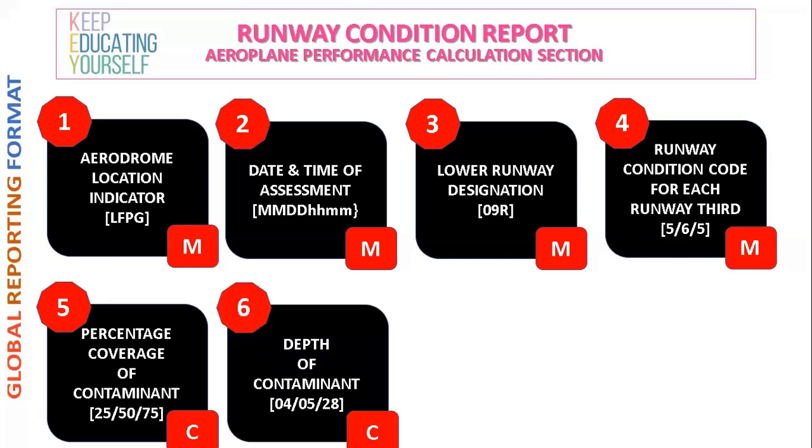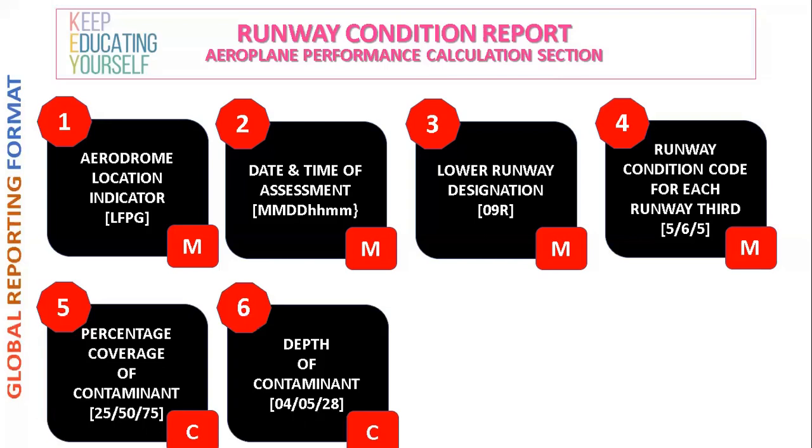Now we go to the next one, sixth: depth of loose contaminant. Here it is again conditional. Conditional means that only 4 contaminants' depth have to be reported, which I have already told you: standing water, slush, wet snow, or dry snow.